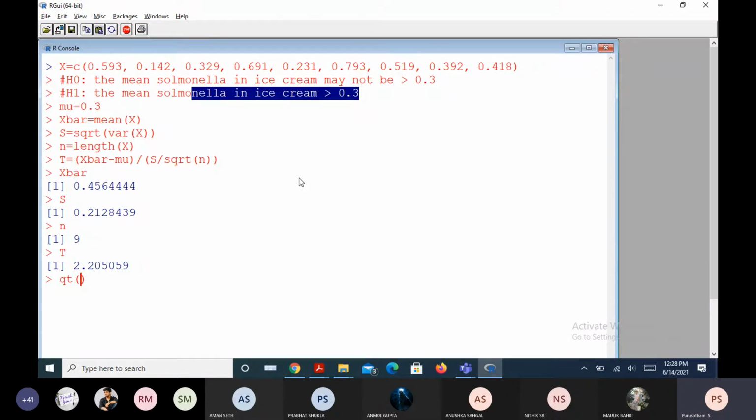It is one-sided, that is, upper sided. Now qt: 0.95 is the confidence level, comma, the degrees of freedom. What is the degrees of freedom for this? The degrees of freedom is n minus 1. What is n? N is 9. So degrees of freedom is 9 minus 1, which is 8.